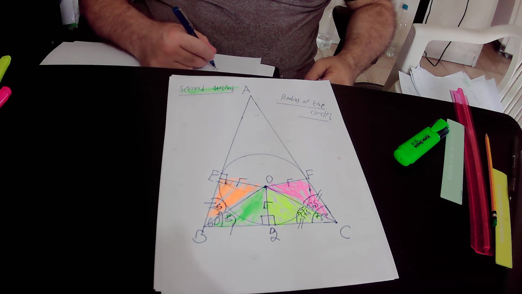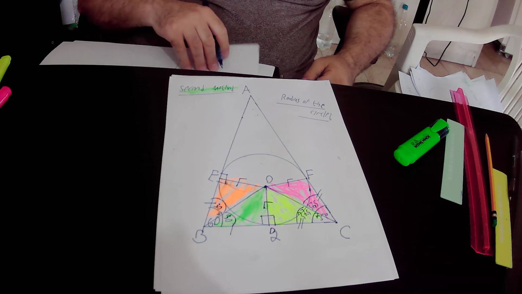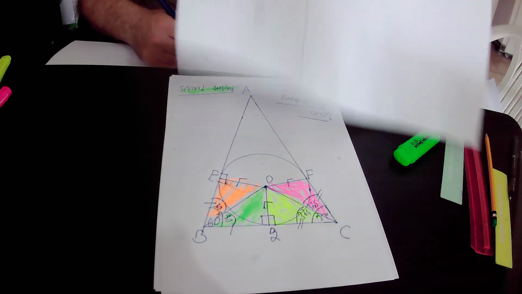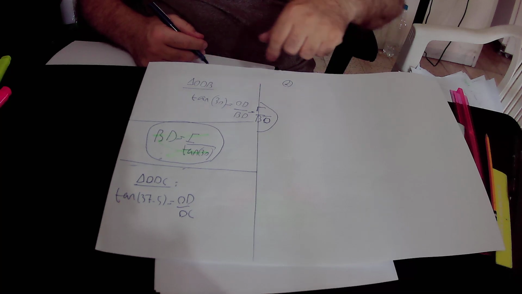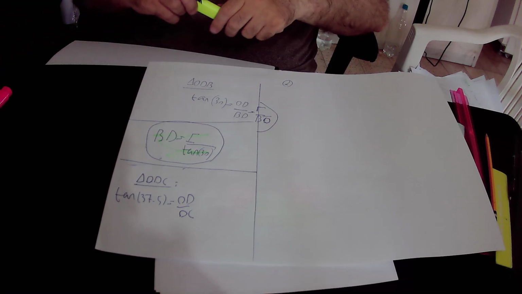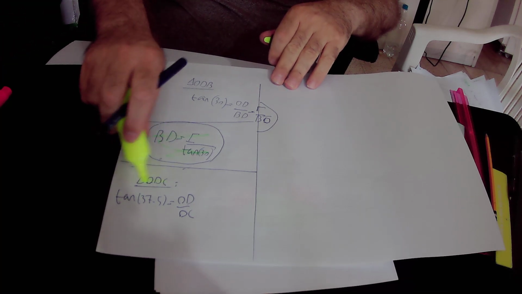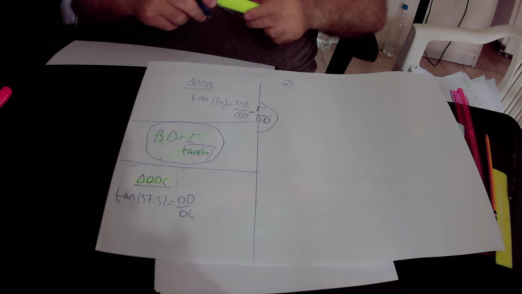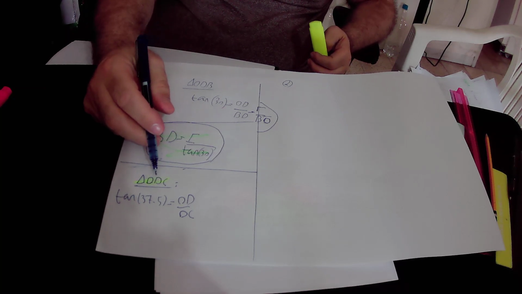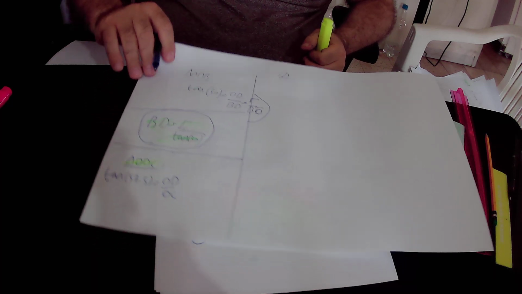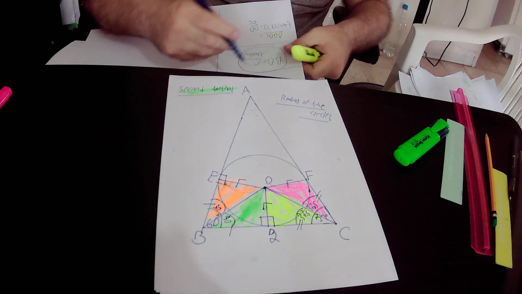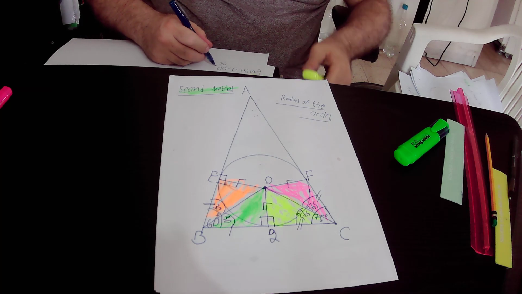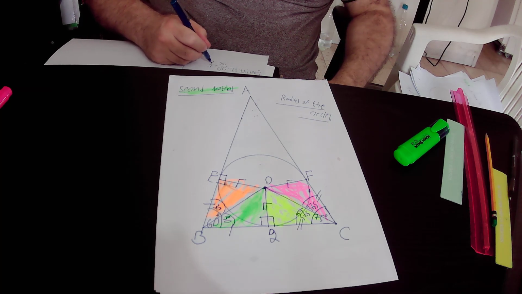OD equals R, so we substitute OD by R over DC.